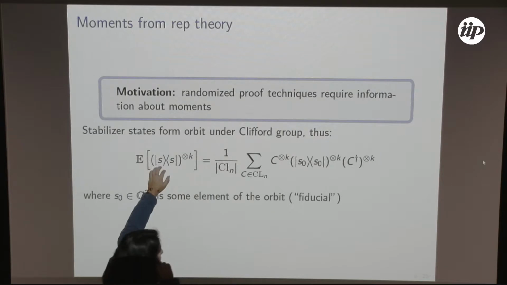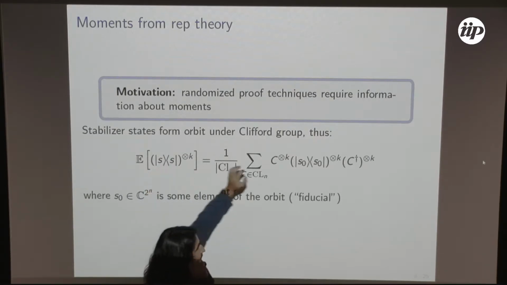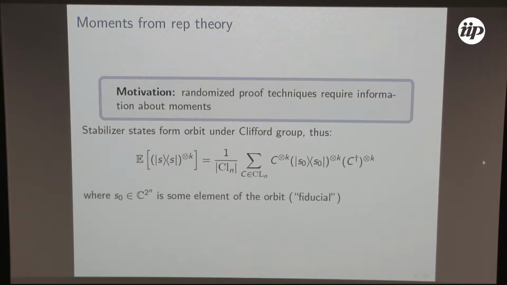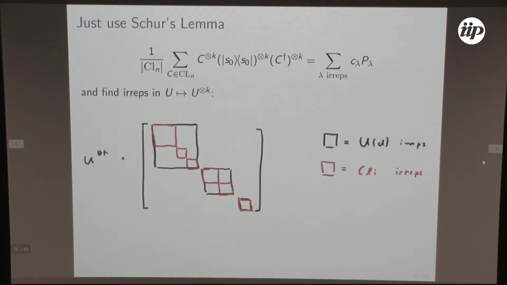Moments of this form can be rewritten like this. And here we can just use Schur's lemma, one of the most basic results in representation theory, because you can easily see that this expression on top, which characterizes all moments, commutes with the k-fold tensor product of any Clifford itself.